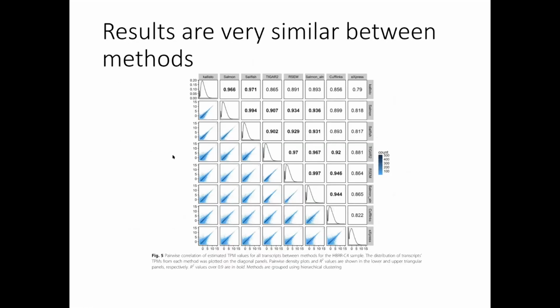The other thing I want to mention is that they then compared between the different methods how similar the results are. These 3 here are the pseudo-aligners, and there you get very good overlapping results, especially between Kallisto and Salmon, which are the 2 most widely used.